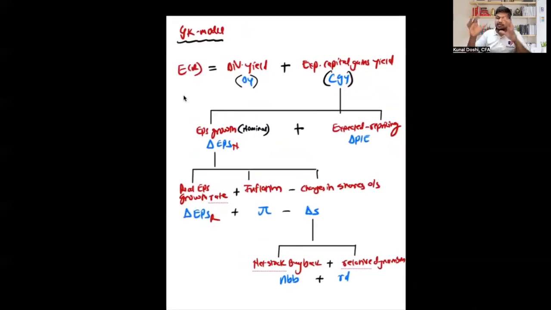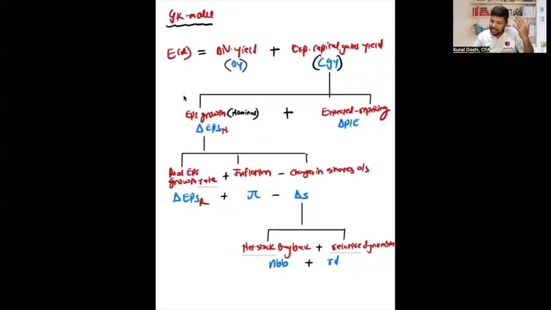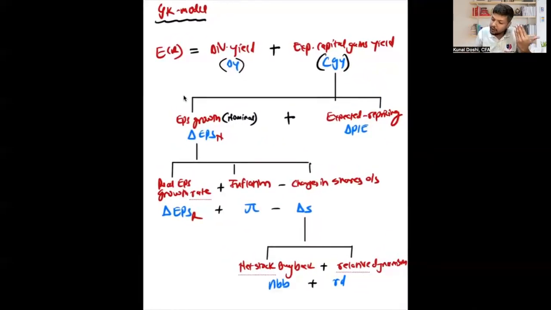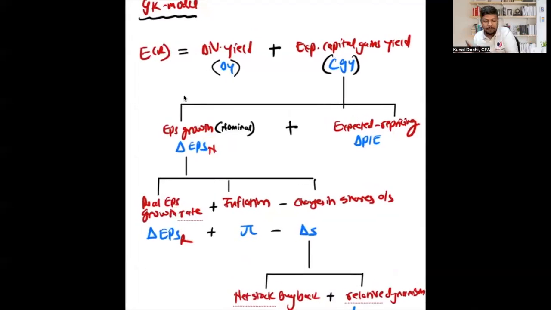See, it might look like a mess, but expected return on equity using the growth rate of the economy is made up of two things, dividend yield and expected capital gains yield. Expected capital gains yield I further decomposed into two components, EPS growth rate and expected repricing.